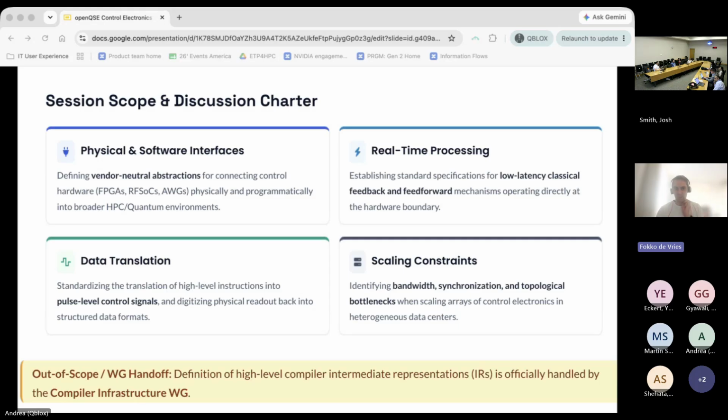With that, let's say openQSE 3 and so on. So that's how I also look at that. By building and by working together, we'll figure out where those levels are and what the information into and out of those levels is.